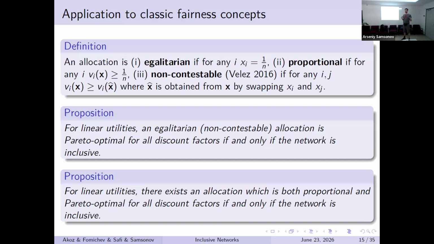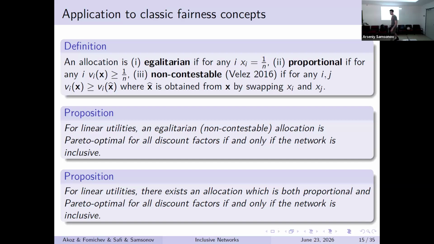If you know the first theorem, it's hardly surprising. Because to ensure all these concepts, we must give the same amount of dollars to everyone, and it's clearly interior. So if we give 1 over n to everyone, everyone gets more than 0. And so if the network is not inclusive, we can find discount factors which model altruism, which can allow us to improve this.